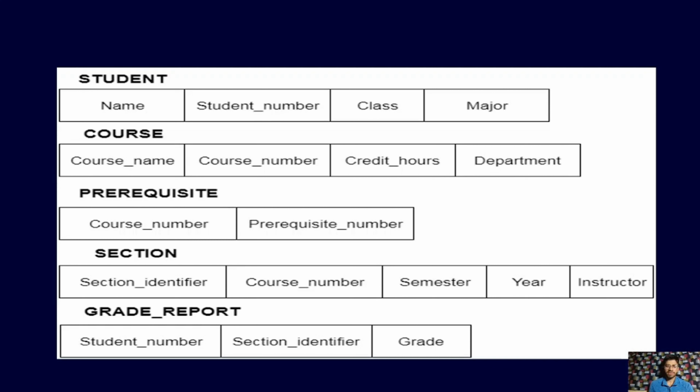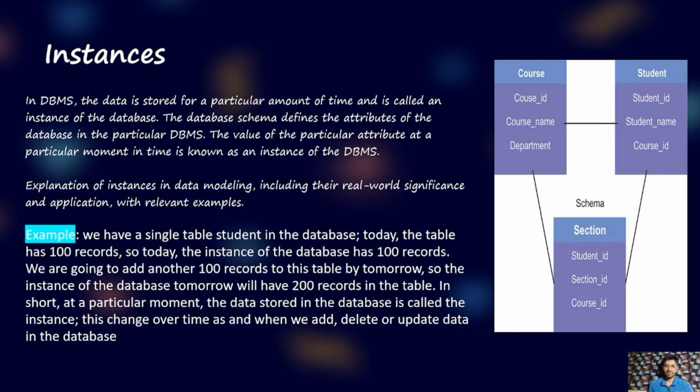And in prerequisite we can have course number and prerequisite number as the fields. Section can have the section identifier, course number, semester, year, and the instructor. Then we have grade report, where student number can be a primary key, and also two more fields, like section identifier and grade.